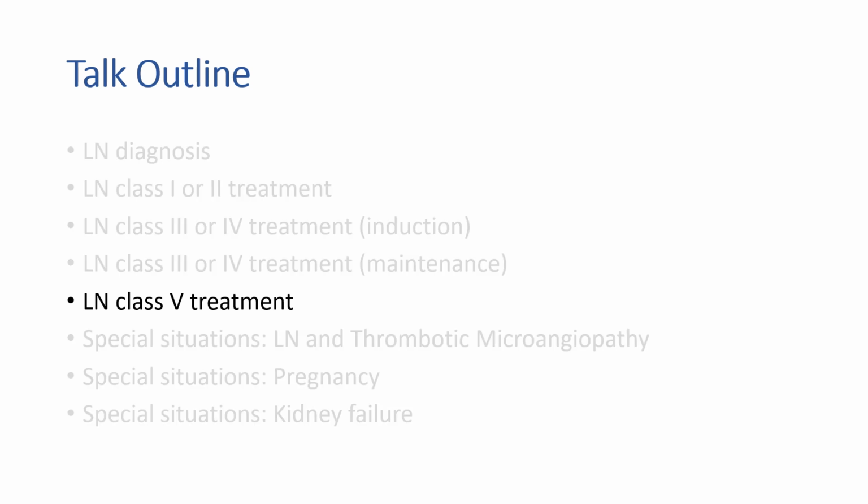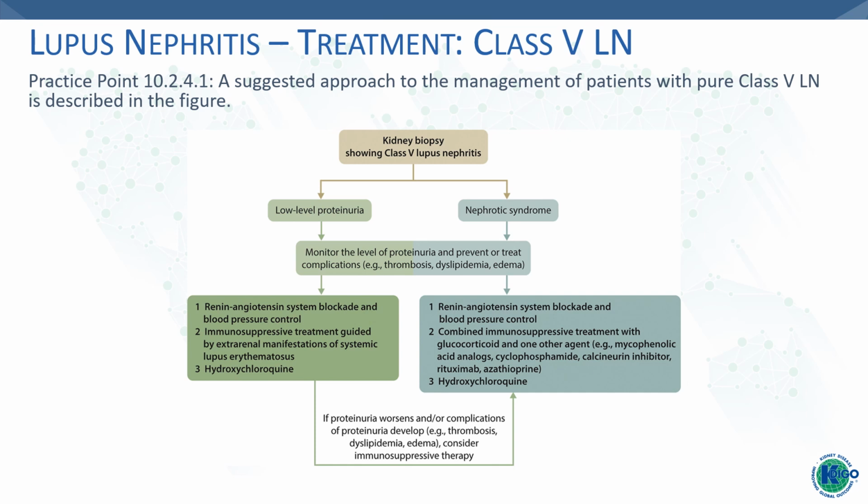Regarding the management of class 5 lupus nephritis, if the kidney biopsy is showing only class 5 lupus nephritis without class 3 or 4, check the level of proteinuria. Is it low-level proteinuria or nephrotic syndrome? In both cases, you have to monitor the level of proteinuria and prevent or treat complications such as thrombosis, dyslipidemia, and edema, as general management of glomerulonephritis.